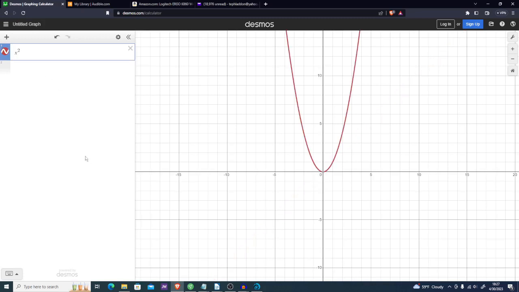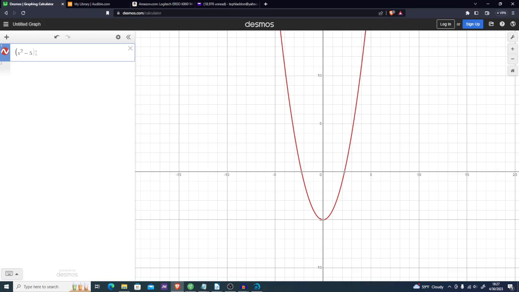There we have our parabola. And in order to shift the parabola, if you wanted to shift it, let's say right 5, you go x plus 5, close parentheses.